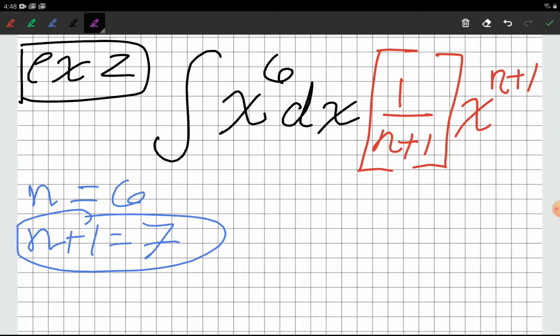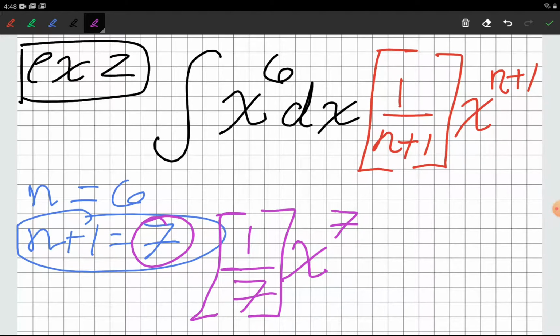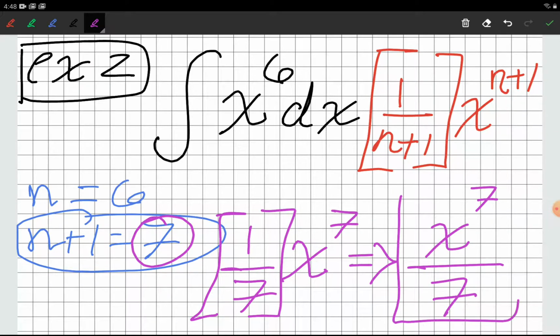So just following this formula blueprint, it's really what they are, blueprints. x to the 7th power, tack on 1 over 7. Okay, so your final answer, as simplified as possible, is x to the 7th over 7. Alrighty.